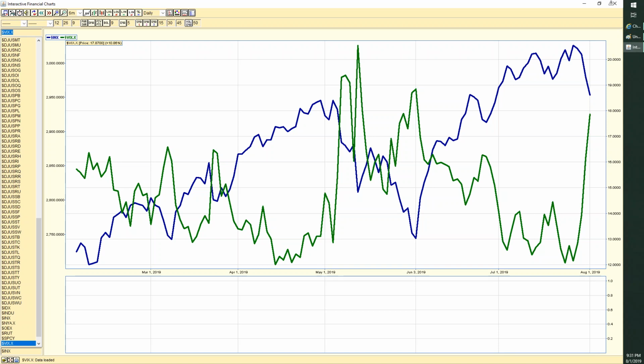Is the market in a state of distribution? Is a particular sector in a state of distribution? Or is it in states of accumulation? Or is it springboarding? Is it getting ready to move from one state to the next? Those are things that you'd want to identify.